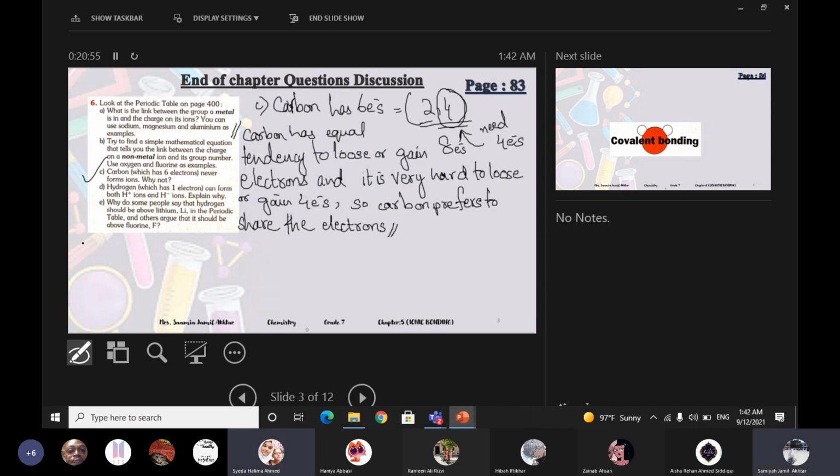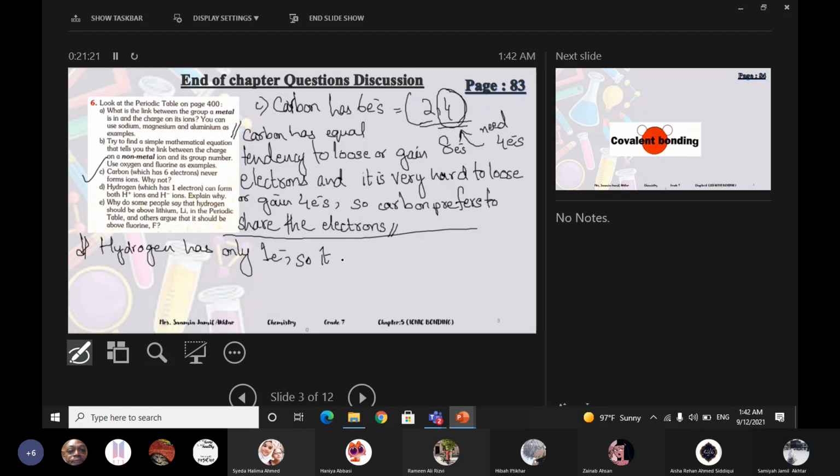Next part, you can write the same answer. Hydrogen, which has 1 electron, can form both H plus ions and H minus ions. Explain why. This is the same thing: hydrogen has only 1 electron.